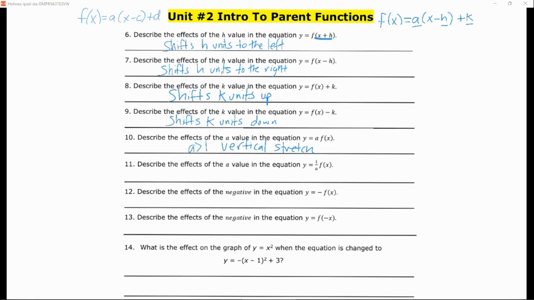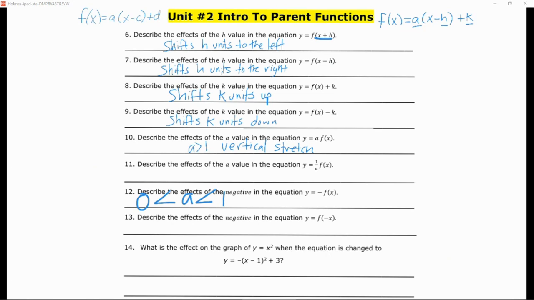When A is less than 1, like let's say we have another number 11, when it's a fraction that's less than 1. So if A is between 0 and 1, so if you're dealing with a fraction like 1/3, 1/5, 7/8, anything less than 1.